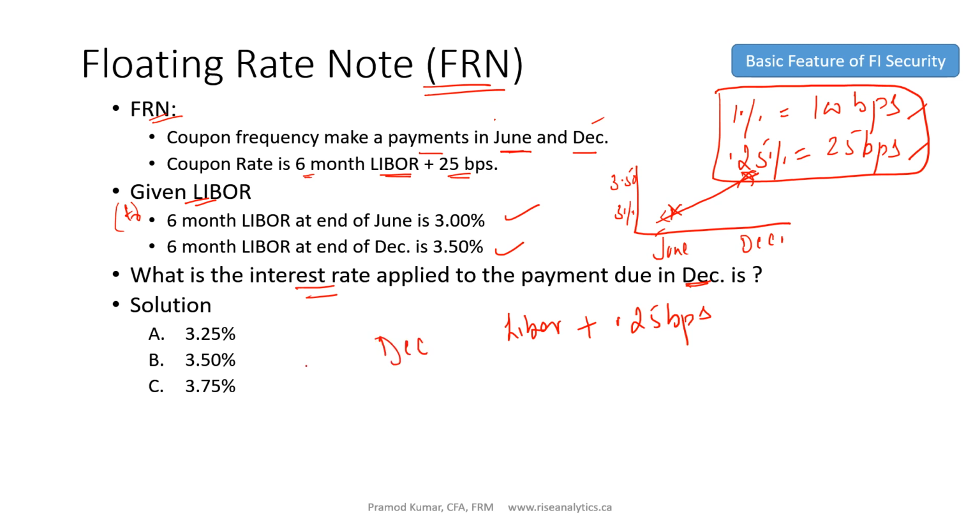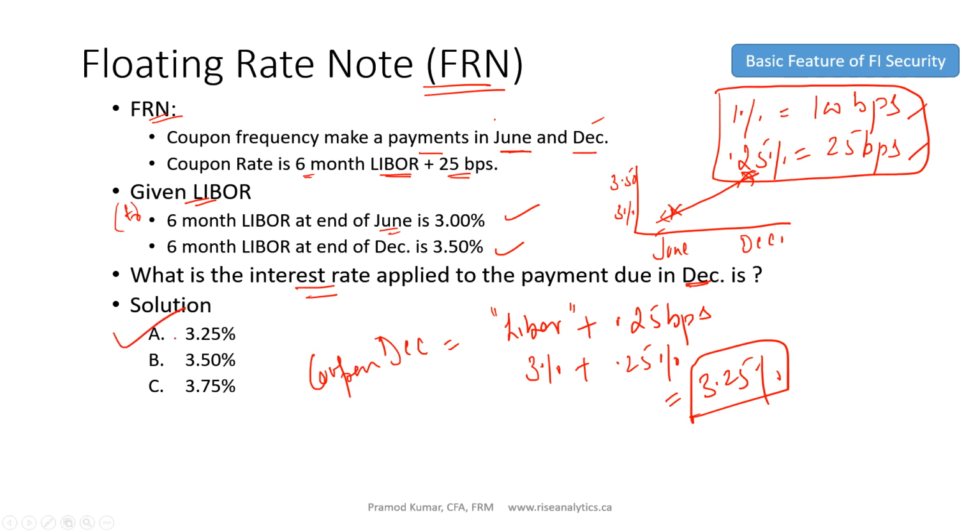We need to know what the coupon is. It will be either this one or this one, but it won't be this one. So we take this one, 3%. So 3% plus the 25 bips, because it's set prior, that is the coupon paid after 6 months. So plus 0.25 percentage points, which will be 3.25%. So my answer is this one.